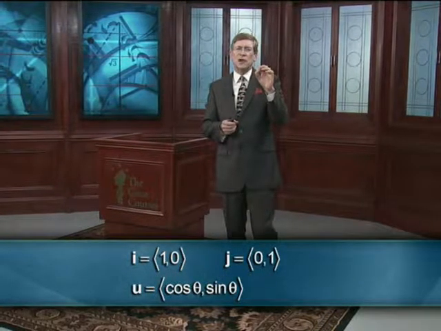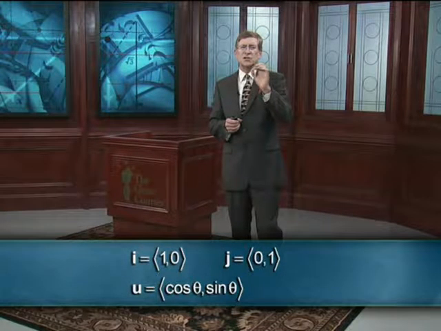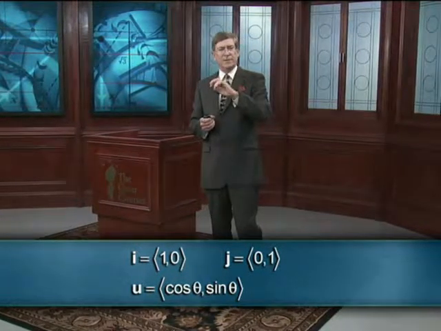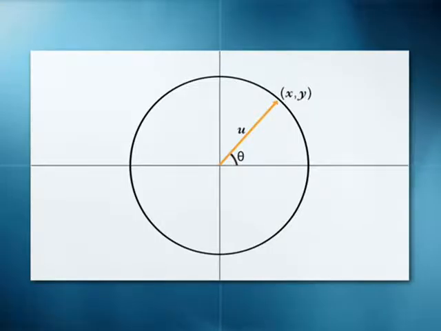So the vector u, which is a unit vector here because that circle was a unit circle, can be described as cosine theta, sine theta. It's a really convenient notation. You pick an angle theta and you move out, and u is a unit vector in that direction. Theta is often called a direction angle.